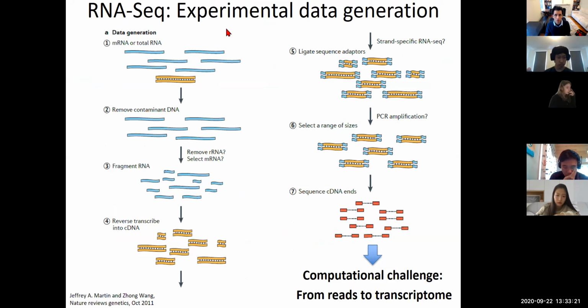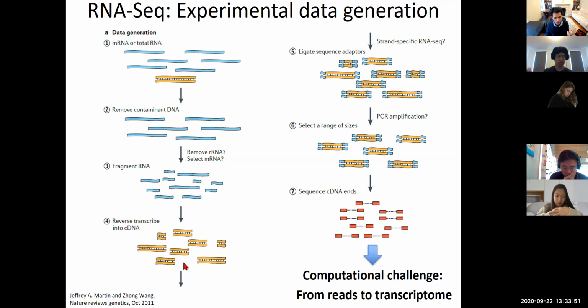The basic premise is that in data generation, you start with mRNA or with total RNA, and then you remove any contaminant DNA. You can also select away ribosomal RNA or select for polyadenylation, which is usually found at the end of RNA molecules. And then you end up with a more purified set of the RNAs that you care to study, usually messenger RNAs.